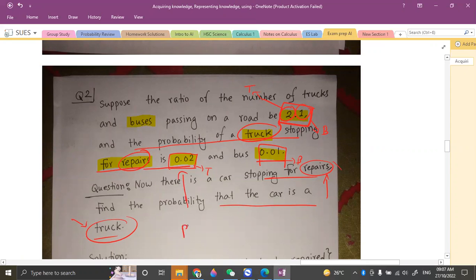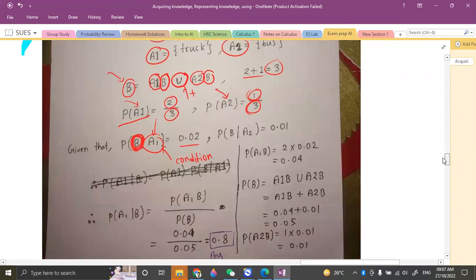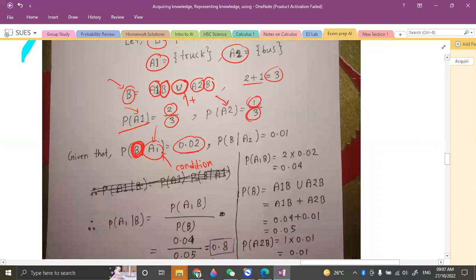So probability of it needs repair, and the condition is it is a truck, A1, right? So it's already given, and then probability of this needs repair, and this is a bus. It is also given, 0.01.